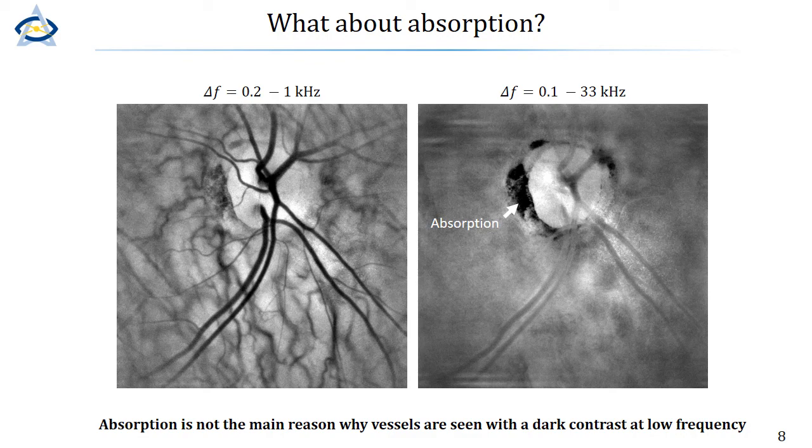And what I'm trying to demonstrate in this presentation is that the reason for this dark contrast is actually the depletion of energy, because the spectral energy has been shifted toward higher frequencies.